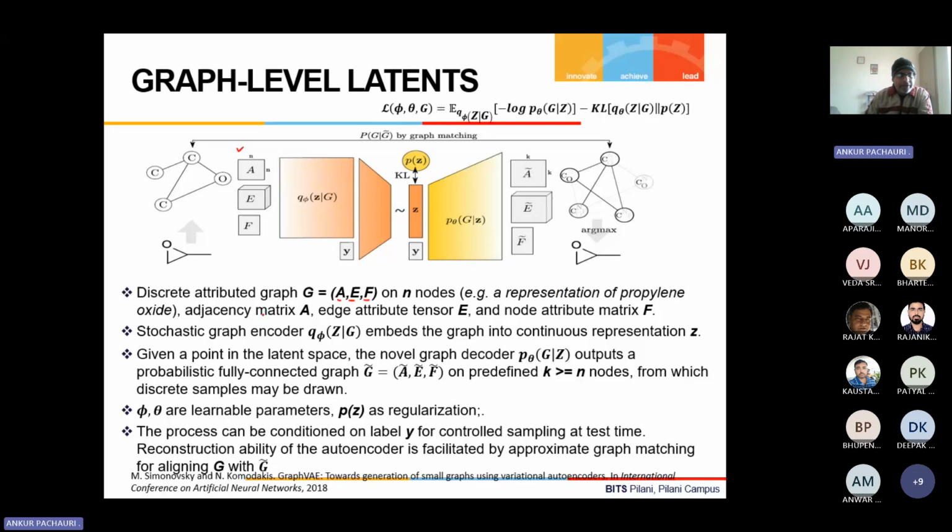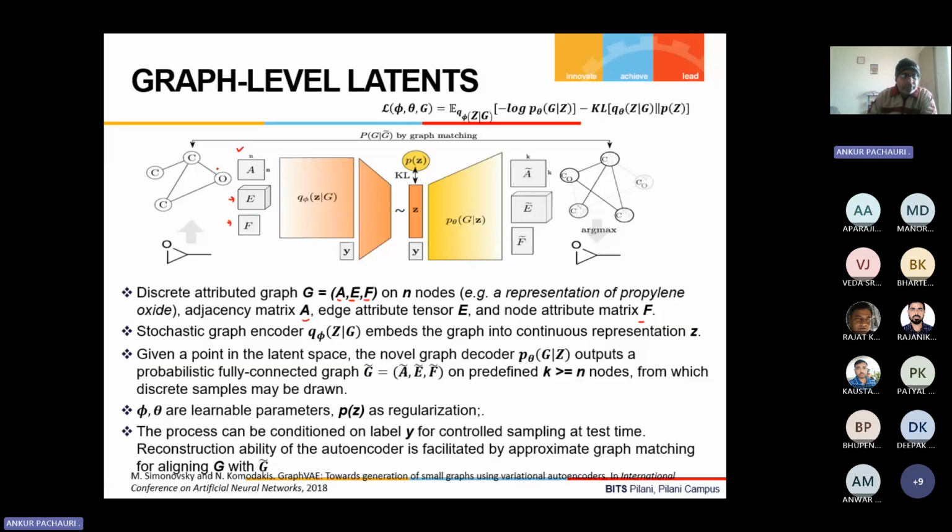A is the adjacency matrix, and the chemical data they represent was polypropylene oxides. E is the edge attribute tensor, and F is the node attribute matrix. So this was their input.